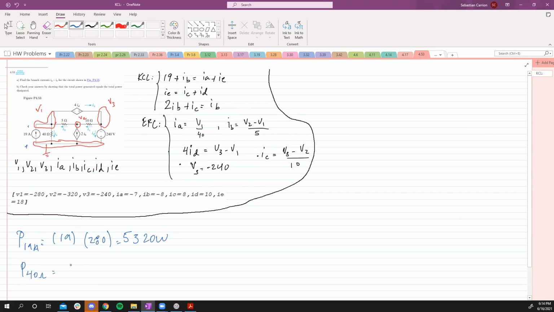Okay, we're going to use the 40 ohm resistor. So IA squared times 40. It would look like this: negative and positive at high potential.